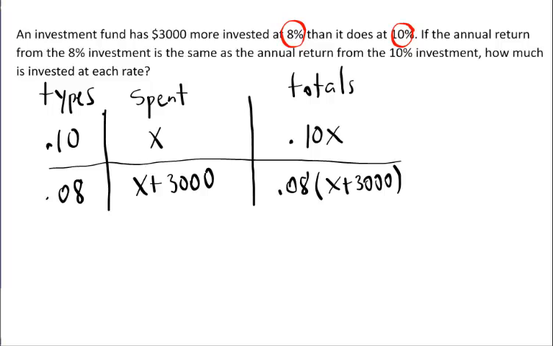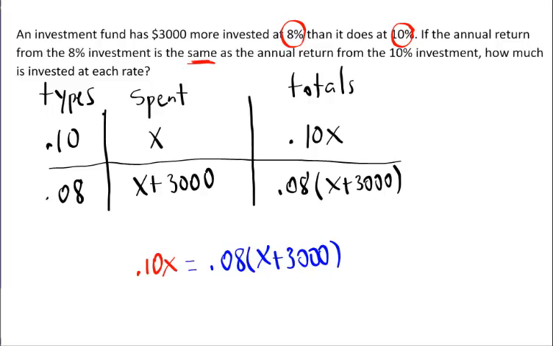And then it tells us that the returns are the same. Okay, it tells us that the investment at 10% gets the same return. So we know then that if we look at the 10% part and if we look at the 8% part, we have to get the same amount of money back.